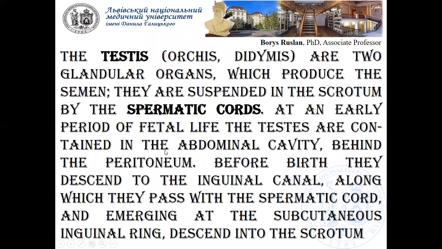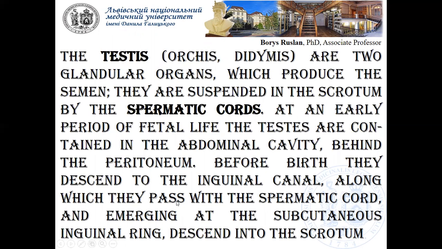Okay. What about the testes? The testes are two glandular organs which produce the semen. They are suspended in the scrotum by the spermatic cord. At an early period of fetal life, the testes are contained in the abdominal cavity behind the peritoneum.